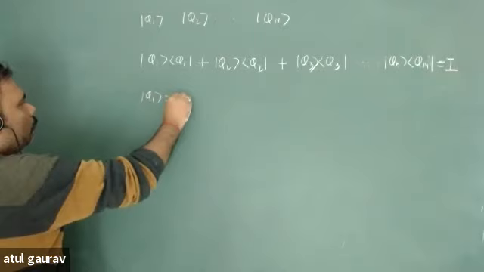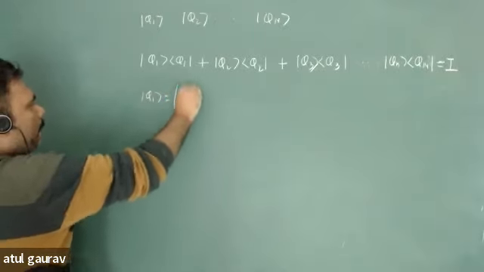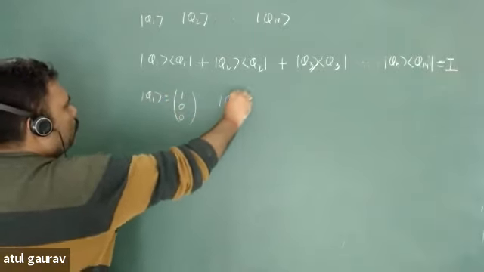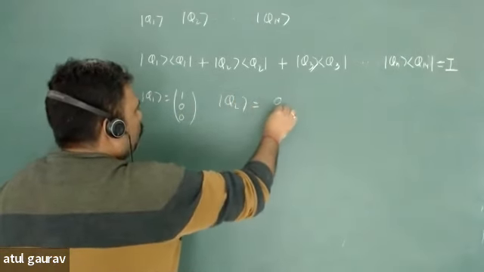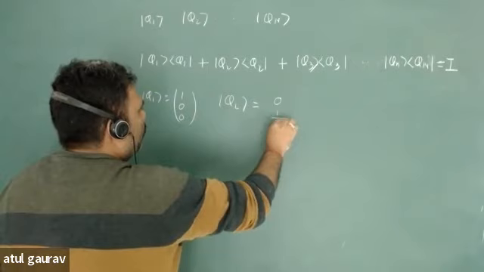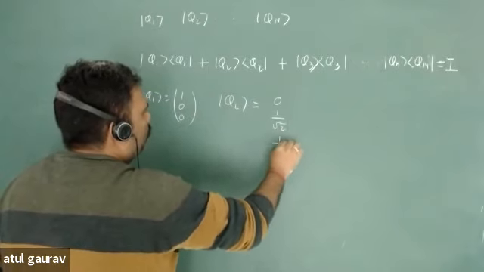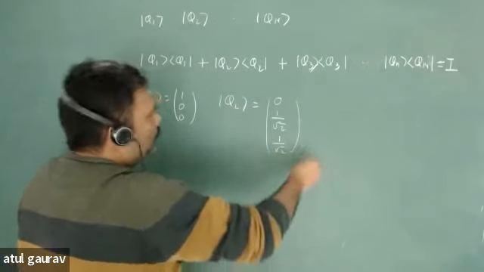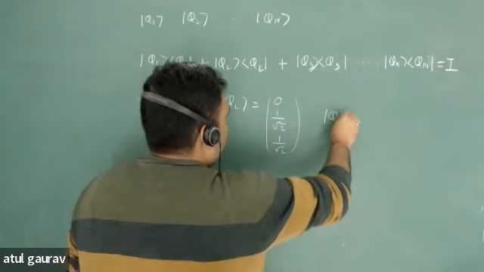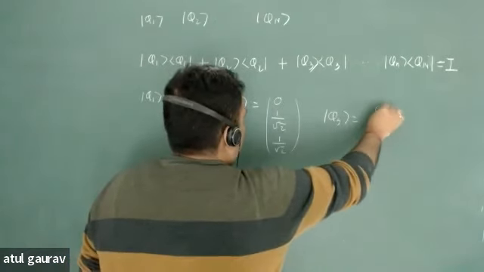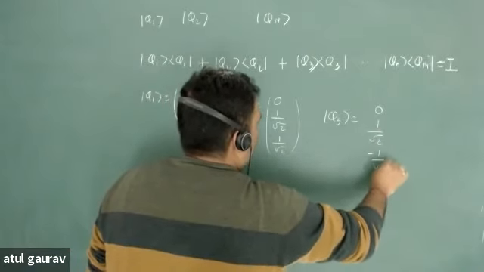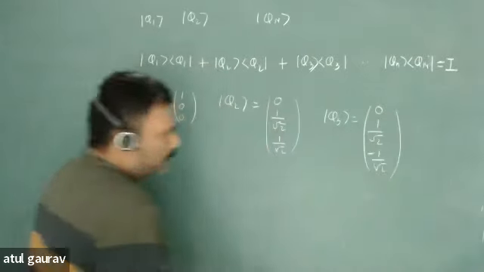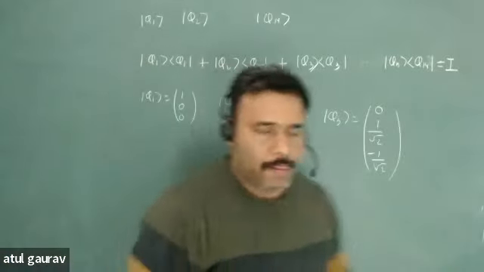Phi 1 is equal to 1, 0, 0. Phi 2 is equal to 0, 1 by root 2, 1 by root 2. Phi 3 is equal to 0, 1 by root 2, minus 1 by root 2. Are you people happy right now?